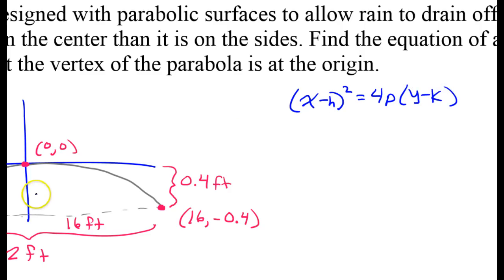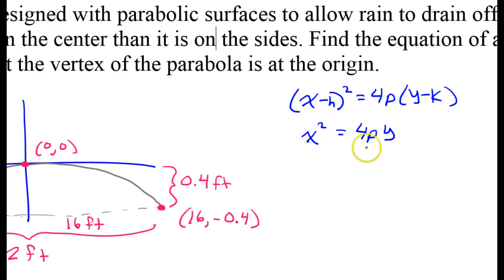If you have a vertical parabola, you use the version of the formula where the x is squared. But since the vertex is (0, 0), that means h and k are both 0. So the equation becomes x squared is equal to 4py.